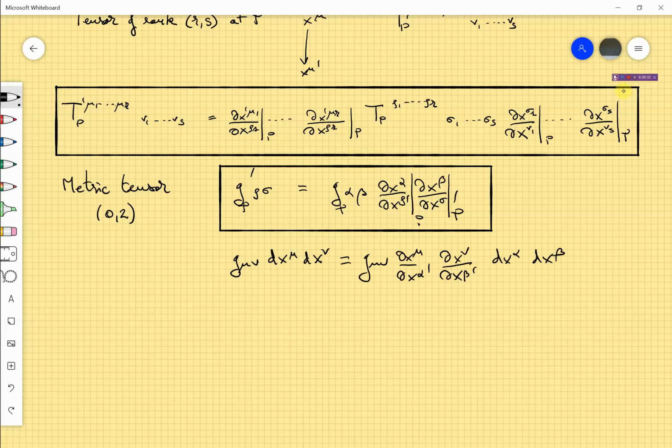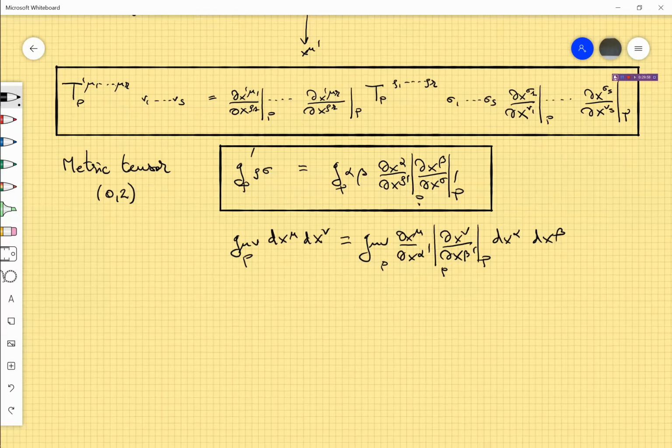If you compare with this expression, apart from the fact that you have to evaluate everything at the point p for the moment, the difference is that they have used this mu and alpha and so on in exactly the opposite places, but nothing forbids us from changing mu by alpha and nu by beta. It's exactly the same thing.